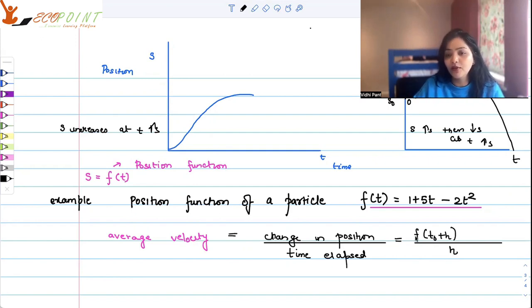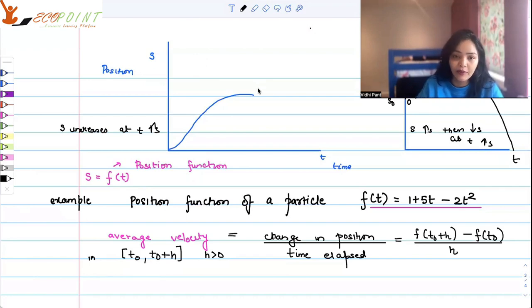That means you are in a new position at time t naught plus h, minus the initial one, say the initial time is t naught. That is the average velocity I'm talking about in the interval t naught to t naught plus h. If you take this, h is strictly greater than 0, because we are talking about change, some change is happening.